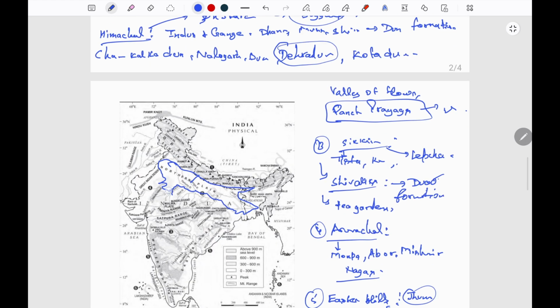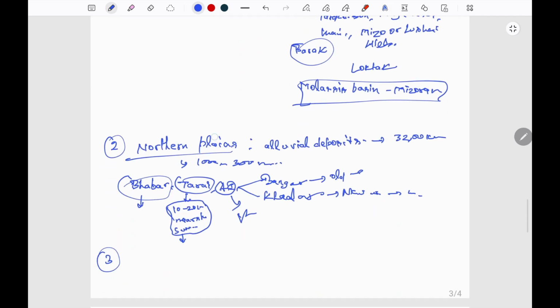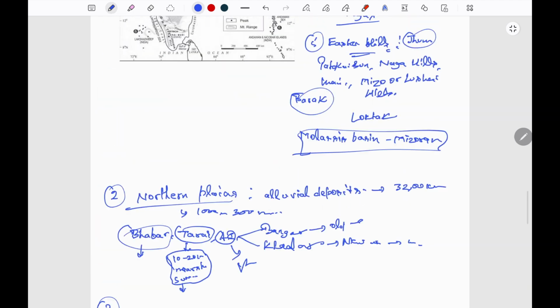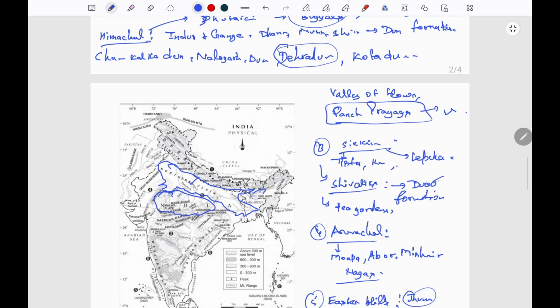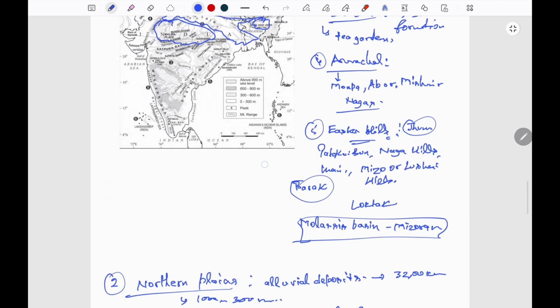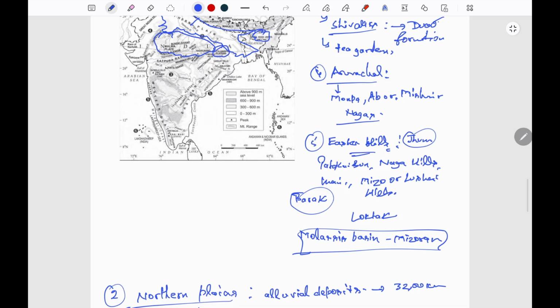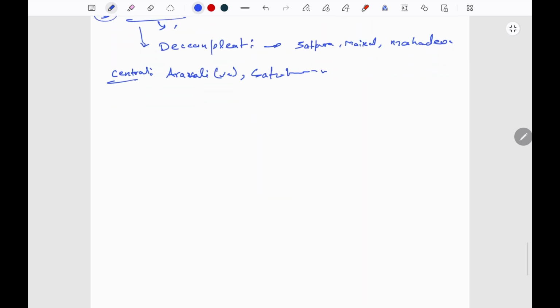This is the region of Central Highlands. Next one is Northeastern Plateau, which is this Karbi Anglong and Meghalaya Plateau. This is Chotanagpur Plateau. And these plateaus are also famous for the presence of minerals such as marble, slate, gneiss, coal, and various other minerals.